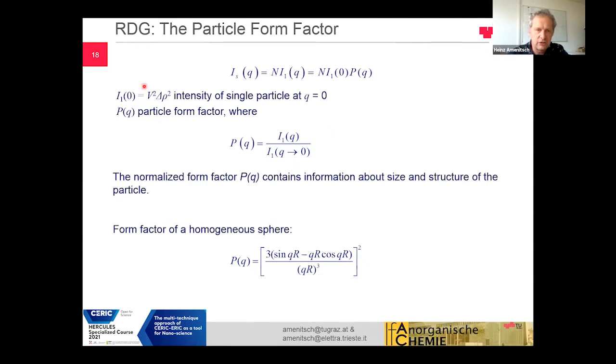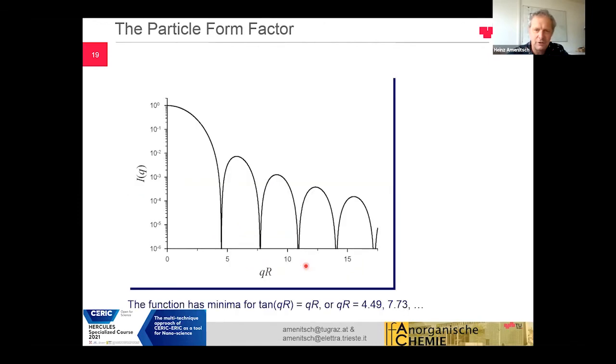So you have an intensity contribution and then a shape contribution of your scattered intensity. For instance, for a sphere, this would give this function here, which doesn't tell you a lot, but if you look at the calculation, you get this oscillatory behavior of the intensity. So you have these oscillations here, and you also have a leveling of the intensity.